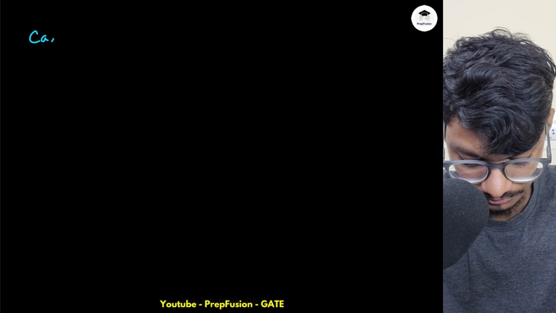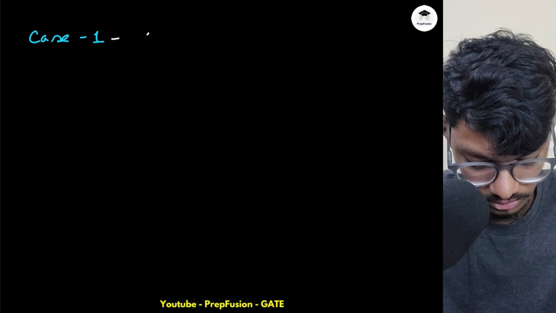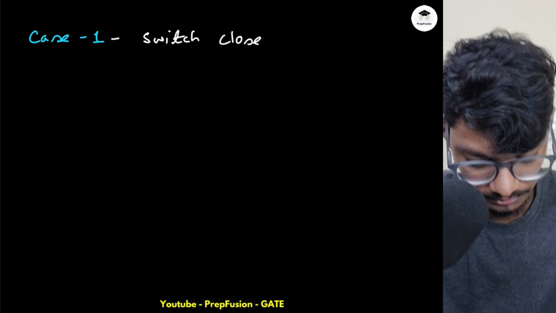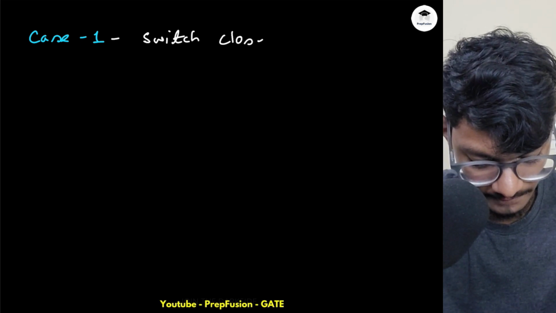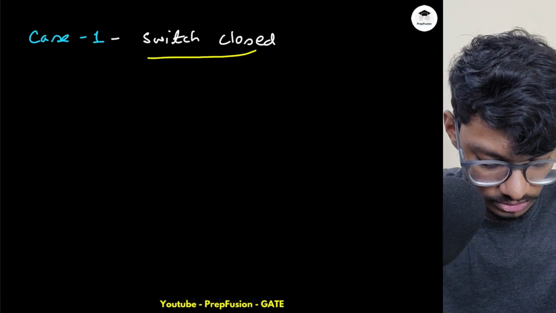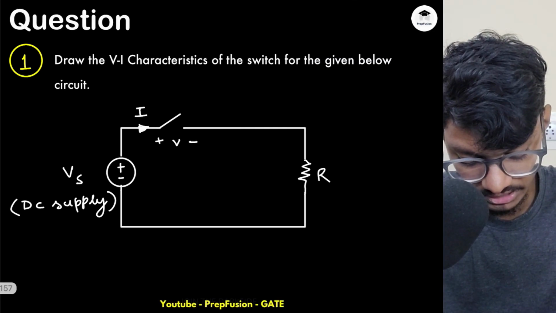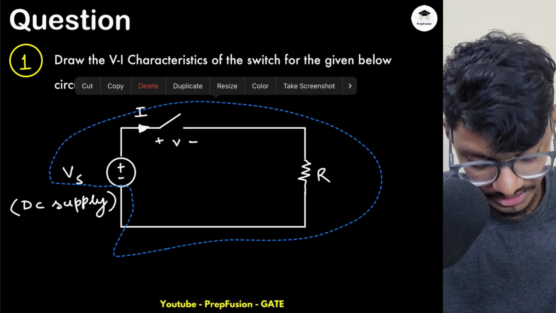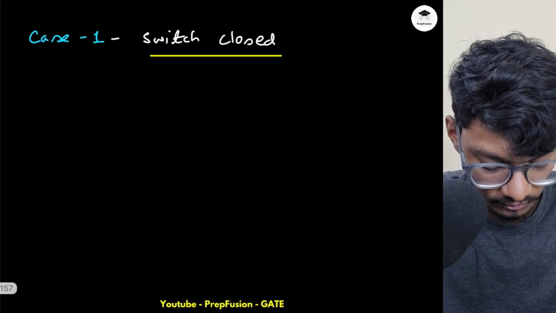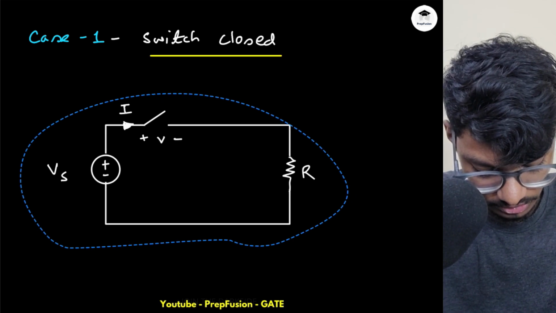Case 1, when the switch is closed, the circuit becomes something like this. Vs is constant, though we can vary it, but what will be the value of the current?